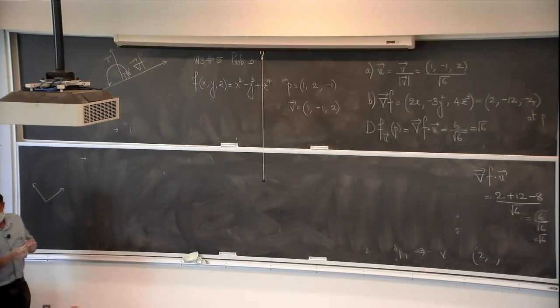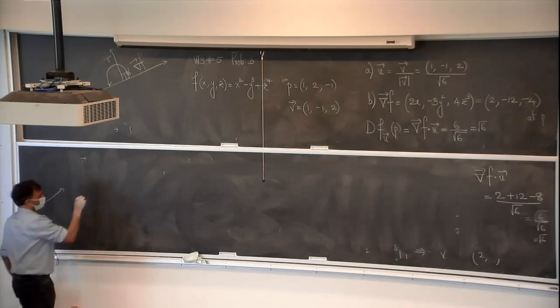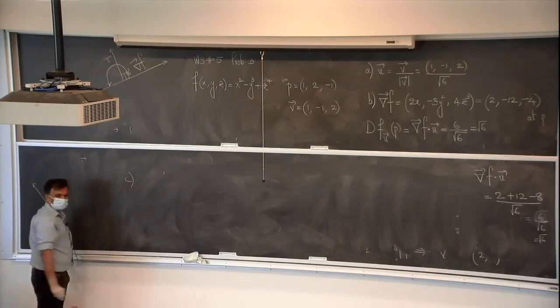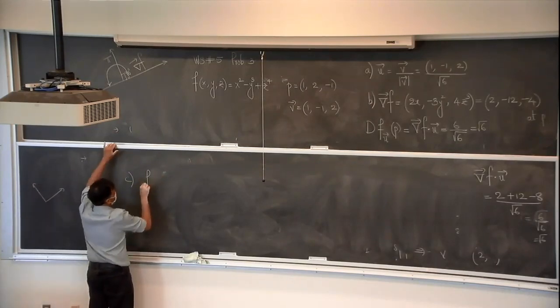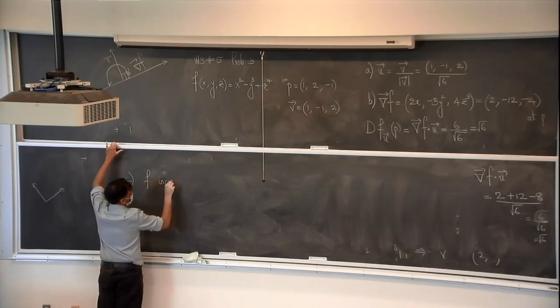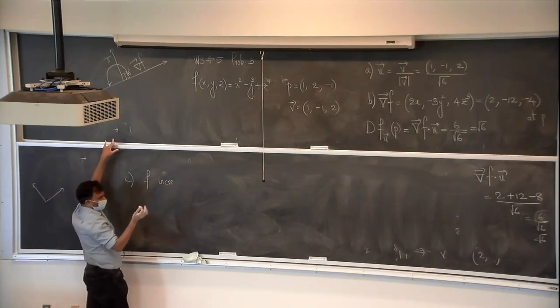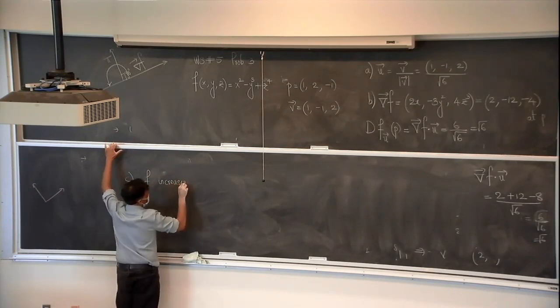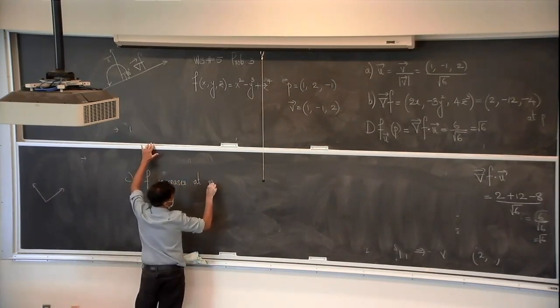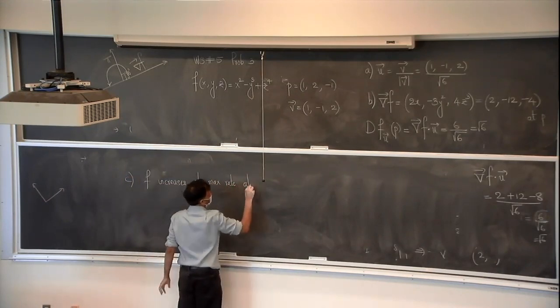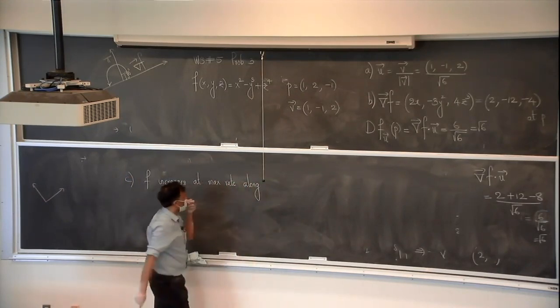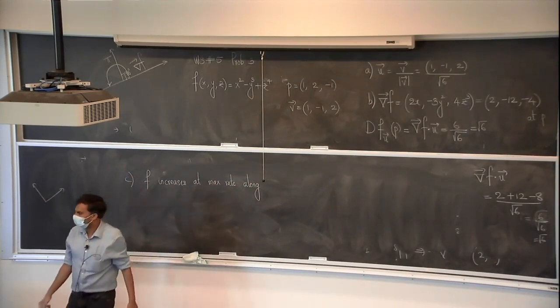Okay. Part C is asking you for the direction, as a unit vector, along which f is increasing most rapidly. All talking about the same point, so you don't have to recalculate anything. So f increases at the maximum rate, or most rapidly, along, what is the answer?